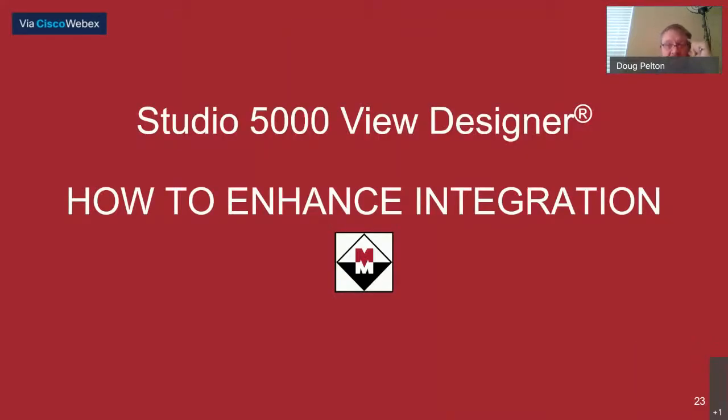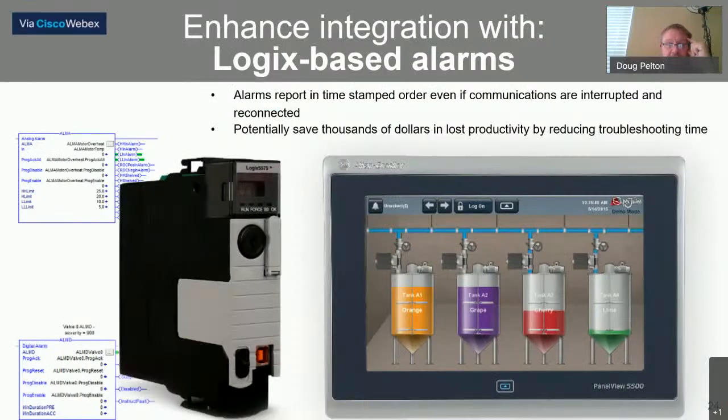Let me talk a little bit about how to enhance integration within View Designer software. So now with Logix-based alarms that started in version 31, alarms report in timestamp order. So it doesn't matter if there's communication lost between the PLC and the HMI.